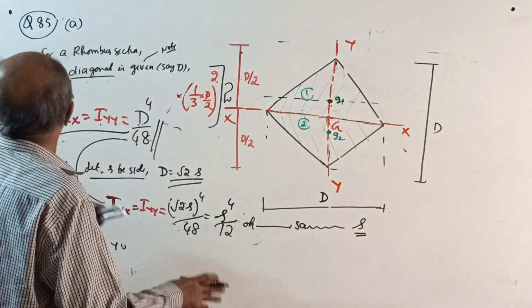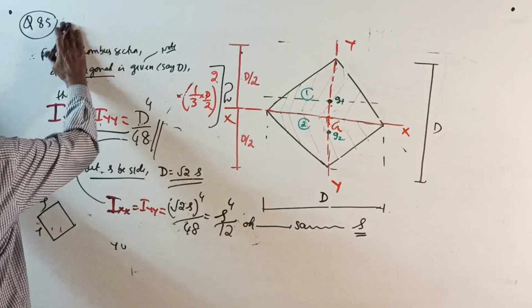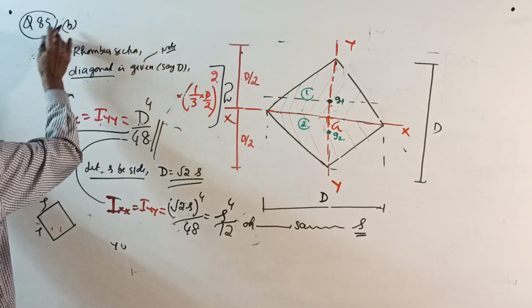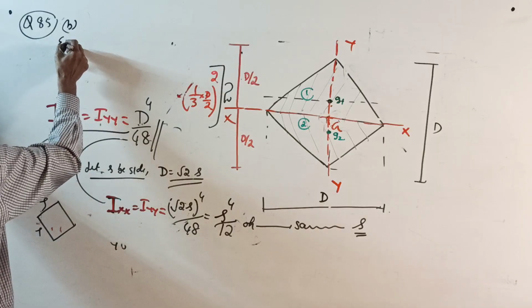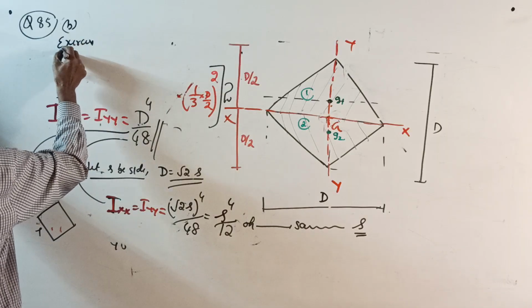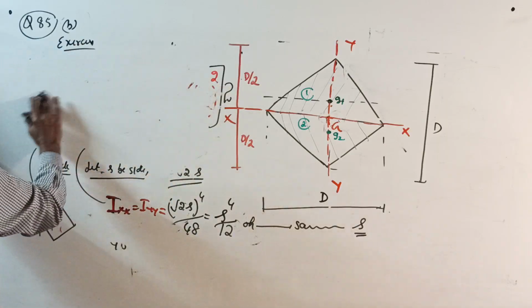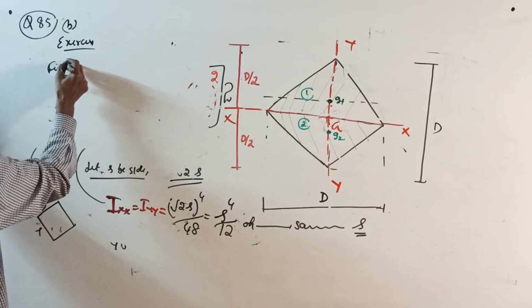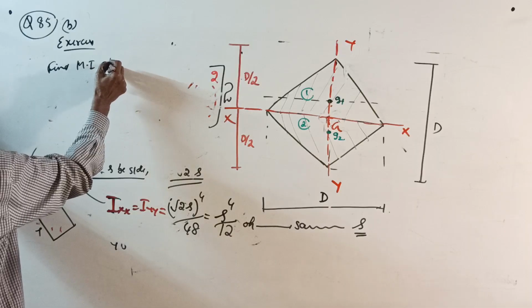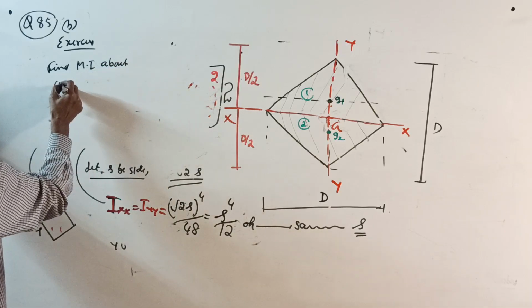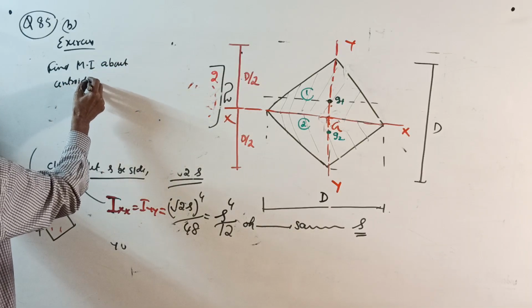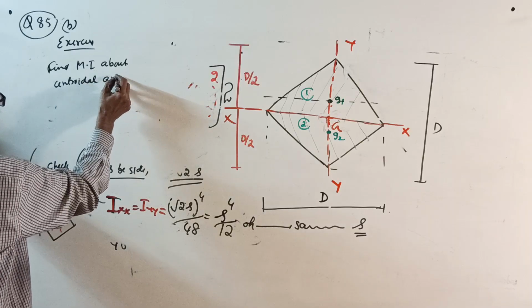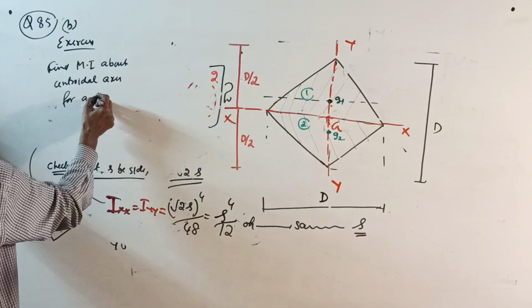Okay. Make a note. Now, question 85b, you take one exercise. Find moment of inertia about centroidal axis for a rhombus section.